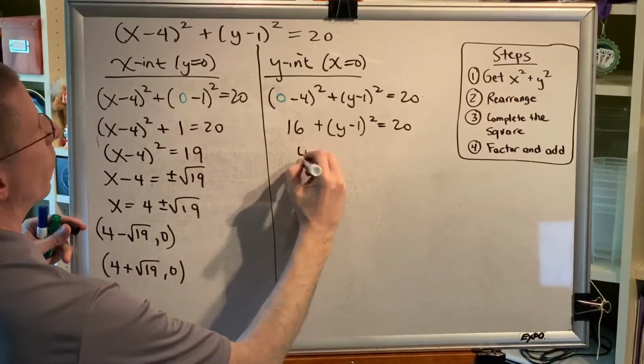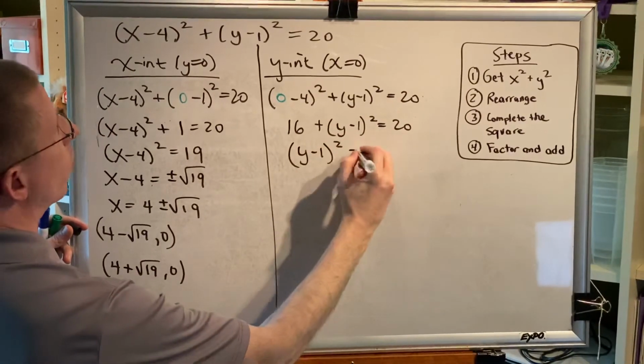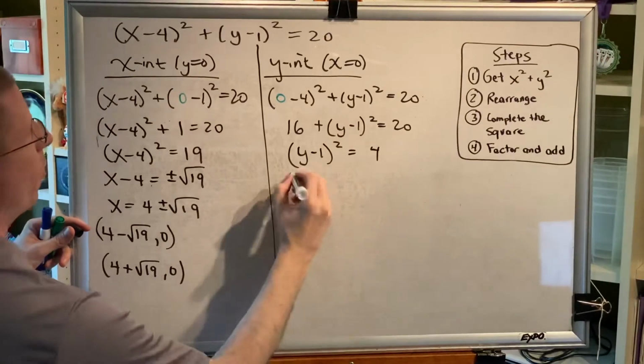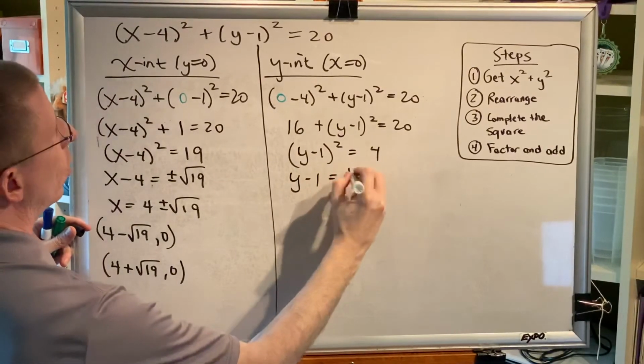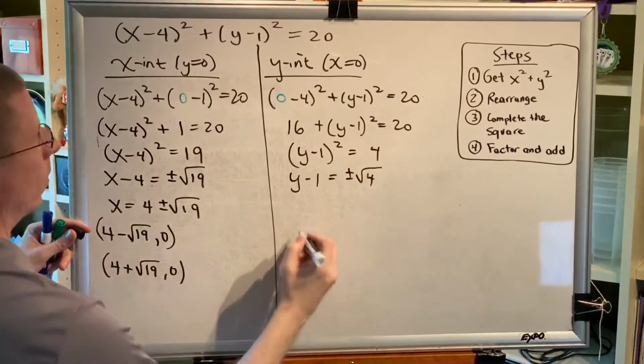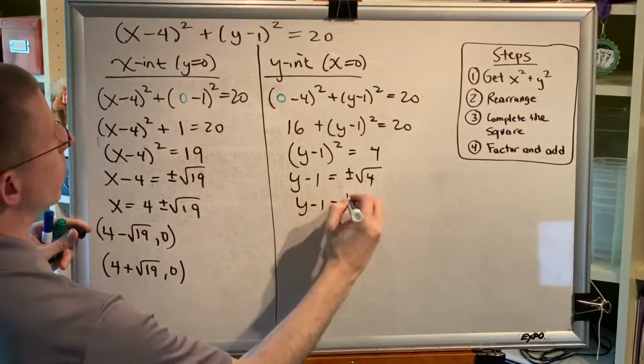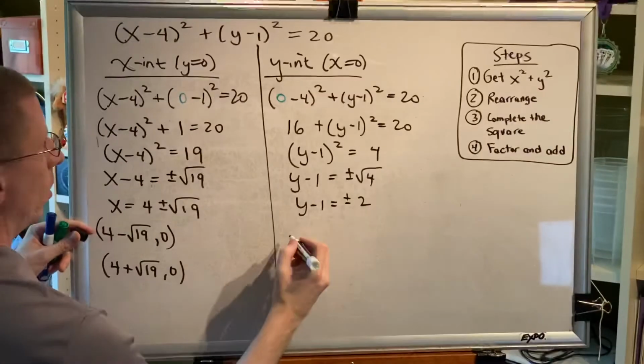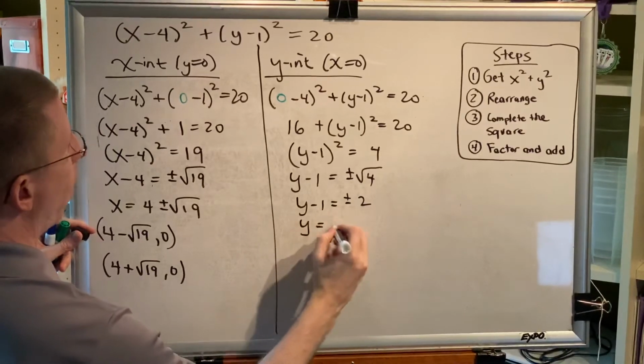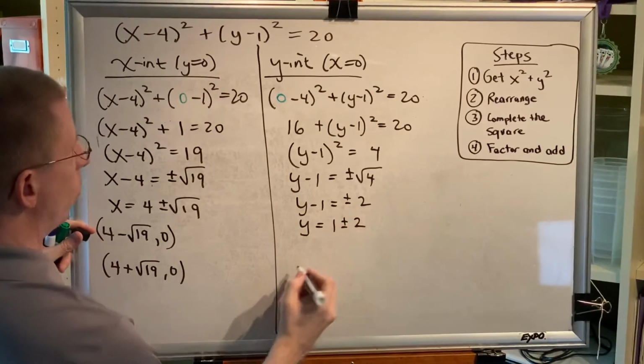Subtract 16 on both sides. Y minus 1 squared equals 4. Square root property from intermediate algebra. So y minus 1 equals plus or minus 2. Add 1 to both sides. Y equals 1 plus or minus 2.